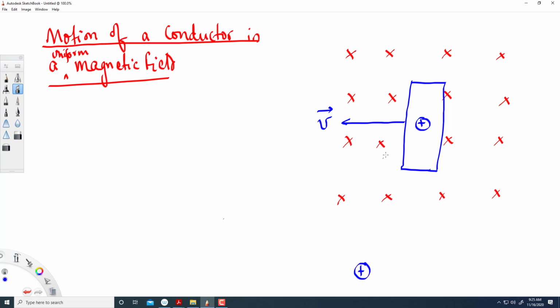So we have negative as well as positive here. So all the positive charges would be pushed down, leaving behind negative charges on the top.